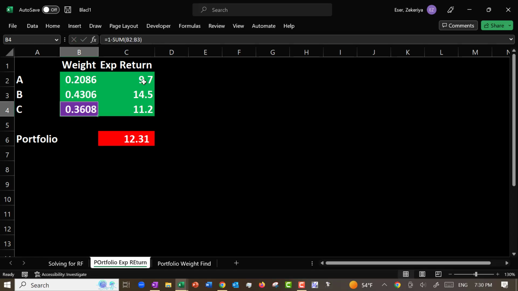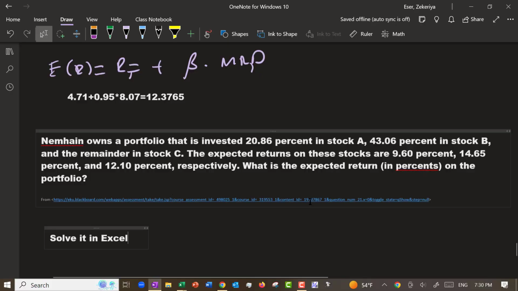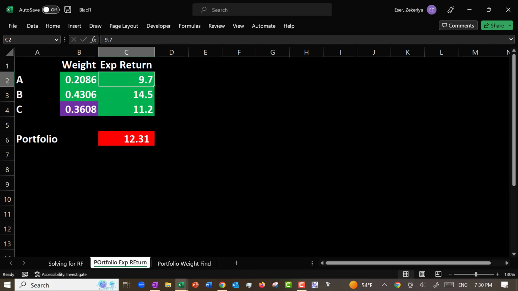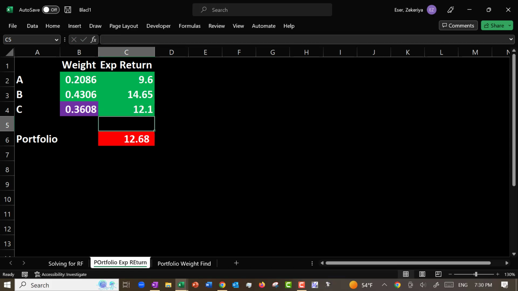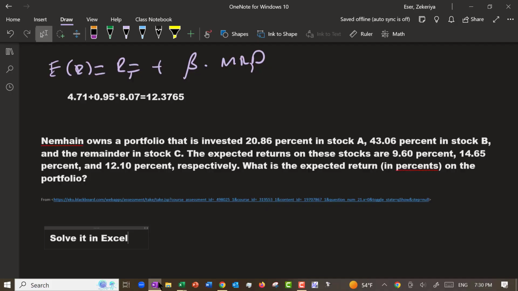The rest is in C. 960, 1465, and 1210. That's why I like using Excel. 1268.